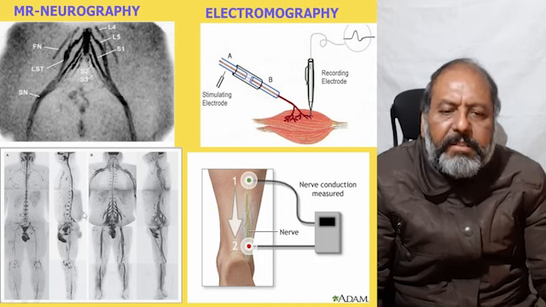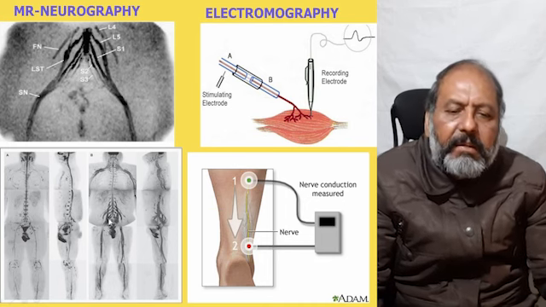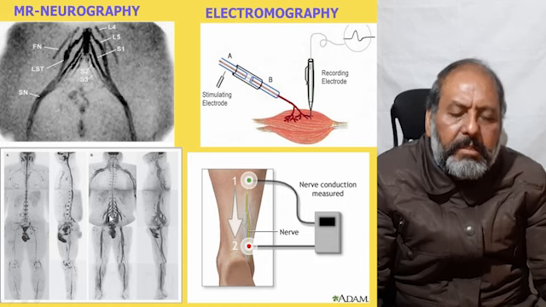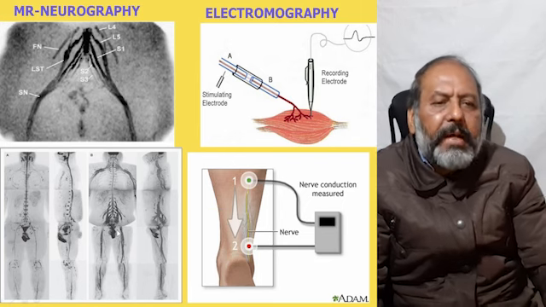These are the images which can tell where the problem is, and when this nerve is coming out from the piriformis muscle, it shows the path of that.